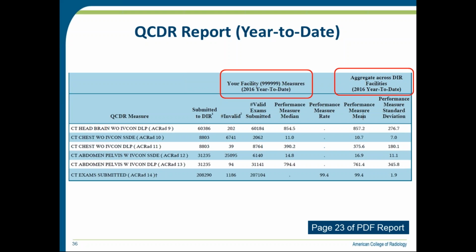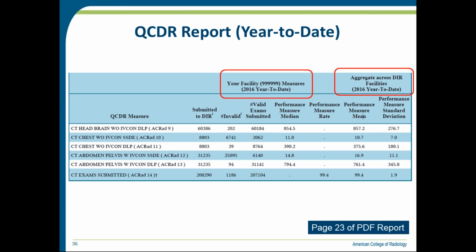Now, not every facility that participates in DIR is getting this report, because not every facility is selecting QCDR as a PQRS option. So the number of facilities actually using DIR to submit their data to CMS using our PQRS QCDR reporting is going to be lower.